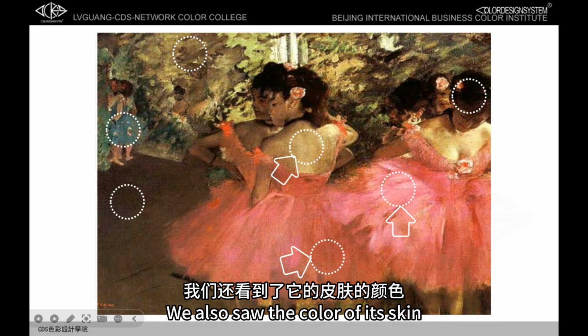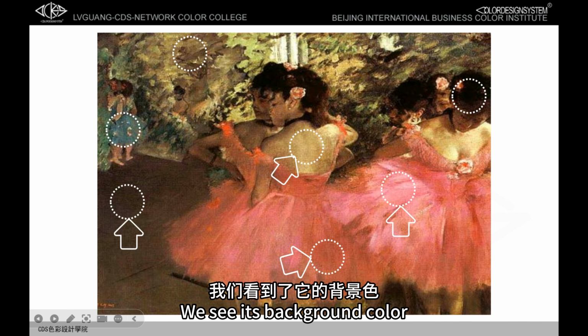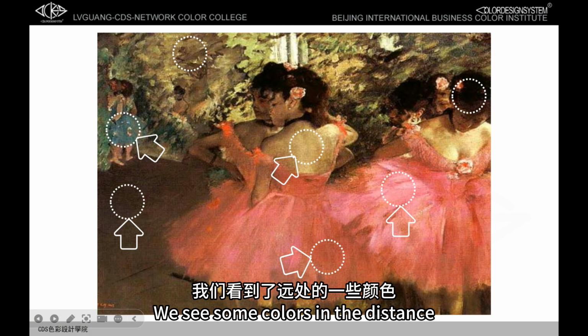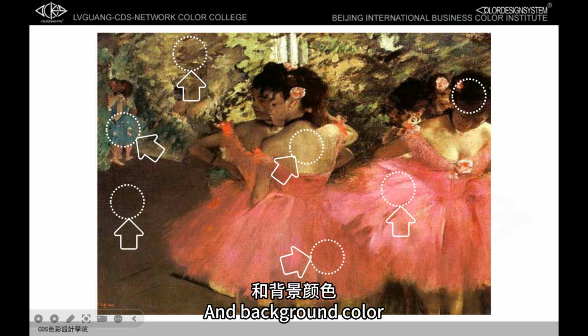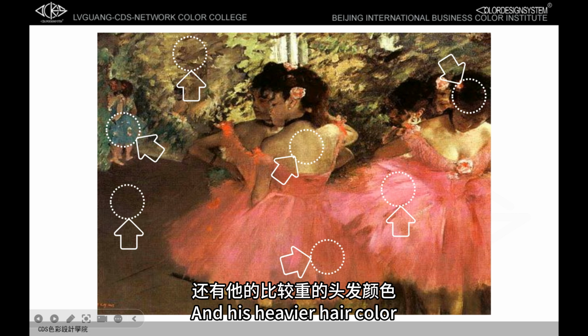We also see the color of its skin. We see its background color, some colors in the distance, and the background color, and his heavier hair color.